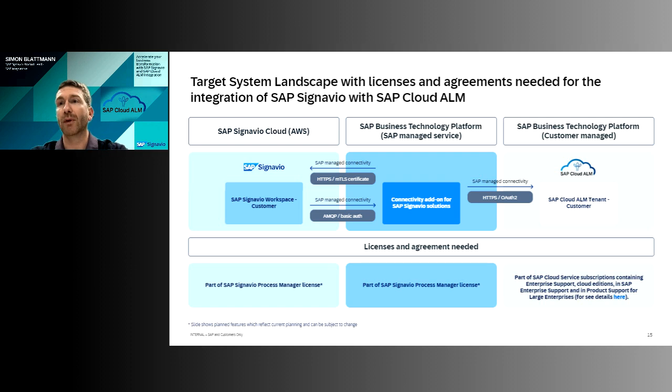But going on, we're planning to have a joint requirements management between SAP Signavio and SAP Cloud ALM. Whenever you have concrete ideas or requirements, please feel free to reach out to me, and I'm happy to explain what our current plans are on this joint requirements management.